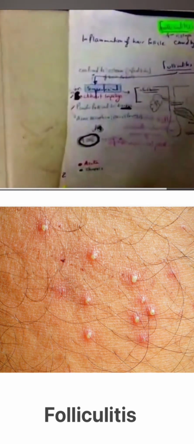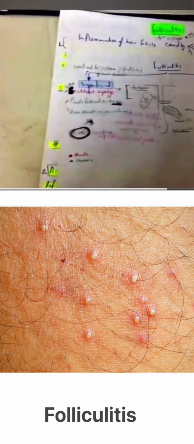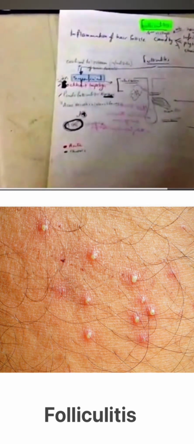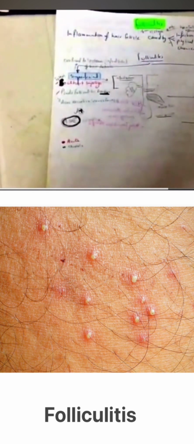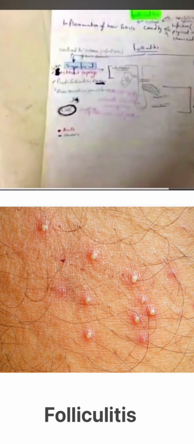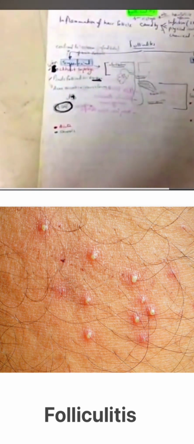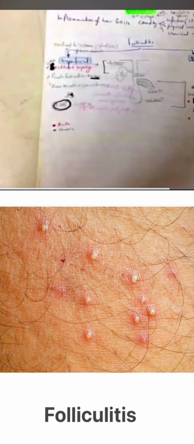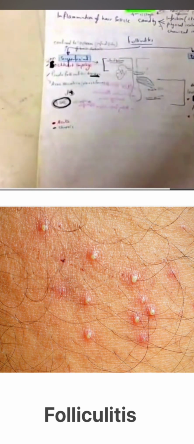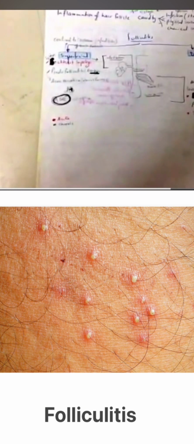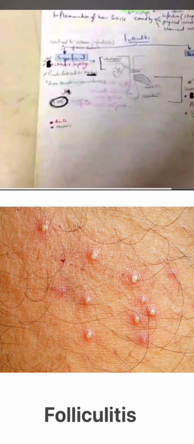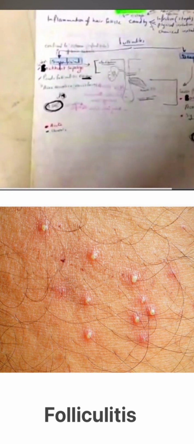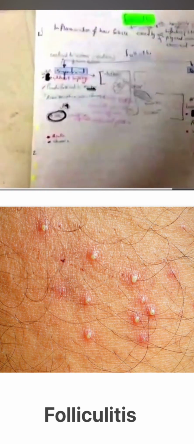And folliculitis, as we said, is inflammation of the hair follicle caused by either infection, usually staph, or physical or chemical irritation. This is the figure of deep and superficial folliculitis. The boil is acute, and acne keloidalis nuchae and sycosis barbae are chronic. This is the deep folliculitis. For the superficial folliculitis, the acute is Bockhart impetigo, and the chronic is pseudofolliculitis barbae and acne necrotica varioliformis.